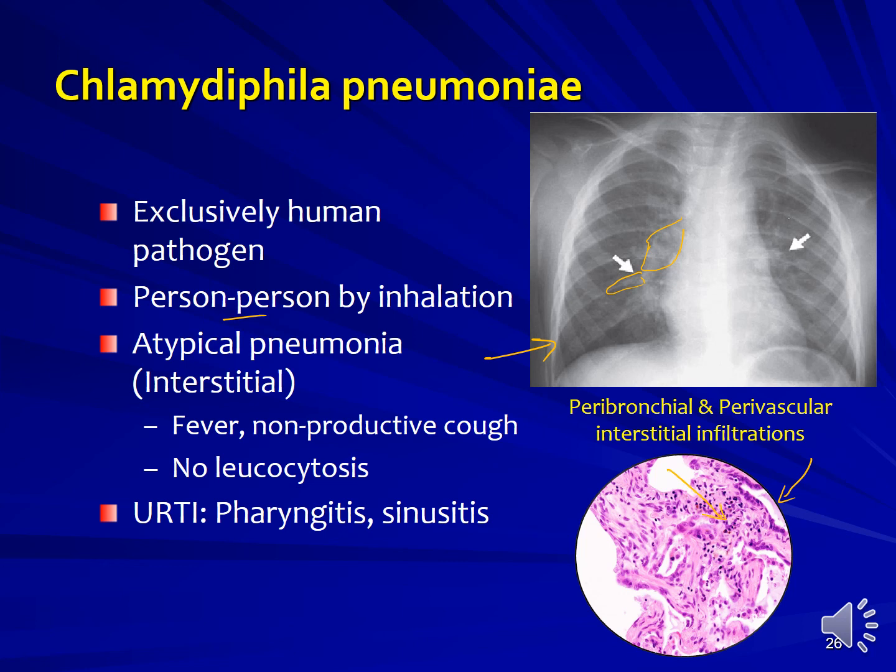People will suffer with fever, non-productive cough, and no leukocytosis in the blood, and upper respiratory tract infections are manifested as pharyngitis and sinusitis.